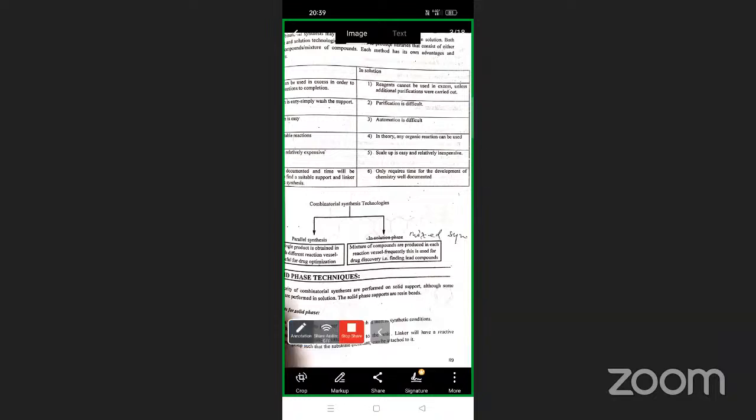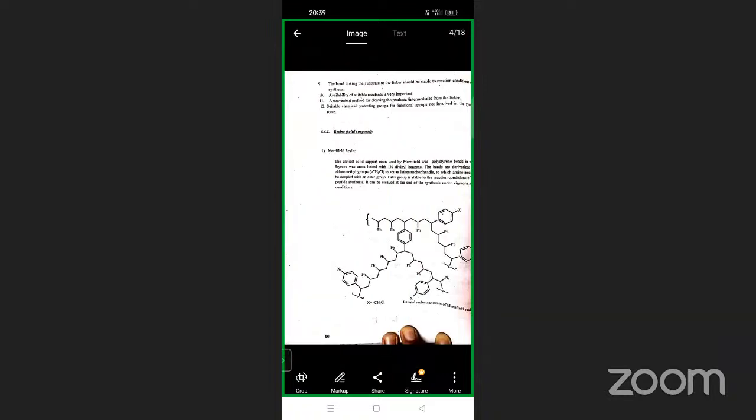The requirements for this combinatorial synthesis are the solid phase techniques. To perform this combinatorial synthesis or solid phase synthesis, some requirements are there. What are the requirements to perform this solid support synthesis?